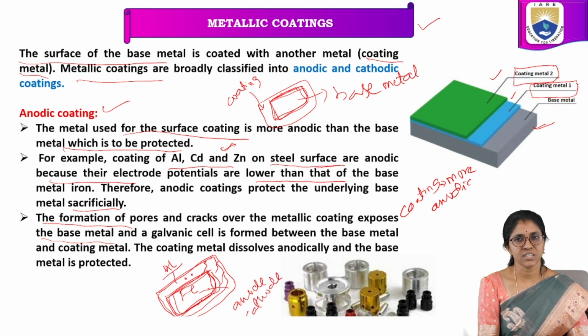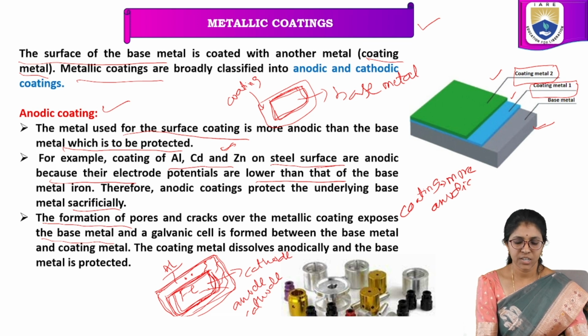Here the anodic coating acts as anode and the base metal acts as cathode. So even if it is exposed to the atmosphere, the base metal cannot undergo corrosion because it is coated with the anodic metal; it acts as cathode. So it has corrosion resistance due to the anodic coating, and the metal is protected by the anodic coating.